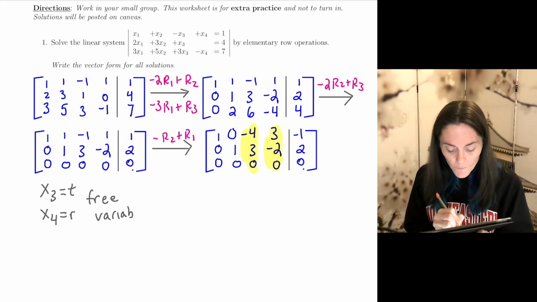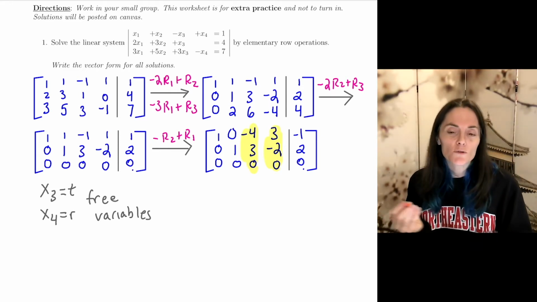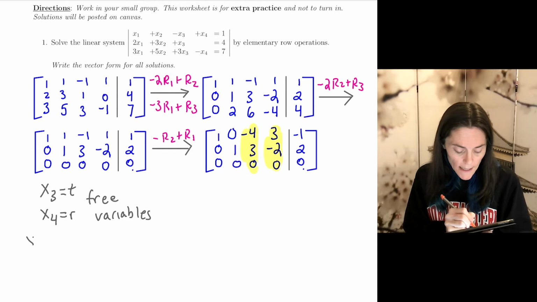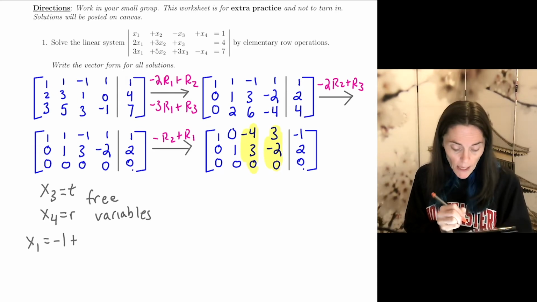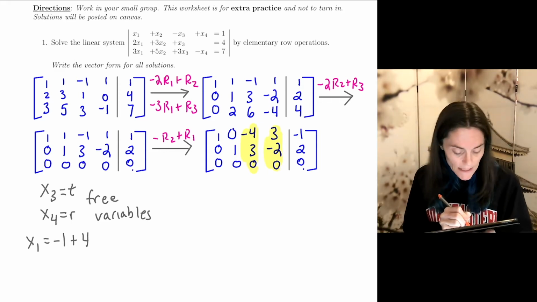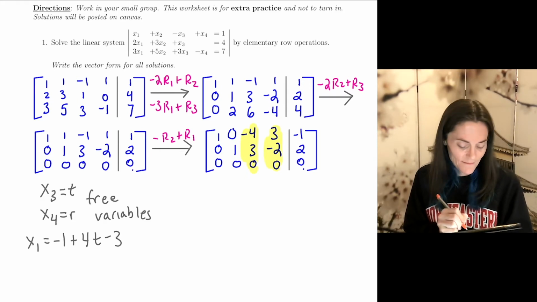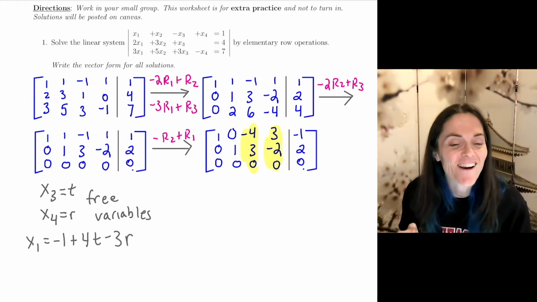Well, the first line in reduced row echelon form says that x1 is -1 plus 4x3, but x3 is t, so plus 4t, and then -3x4, which is r.